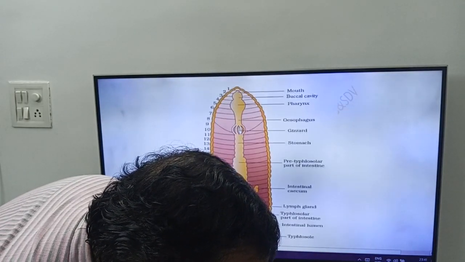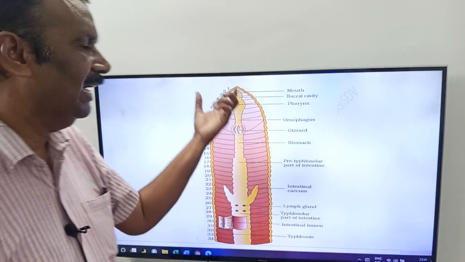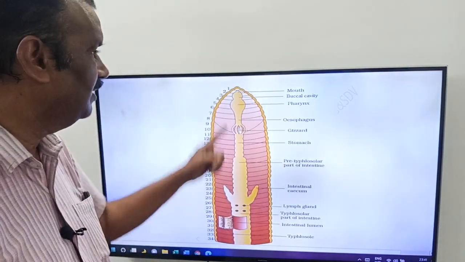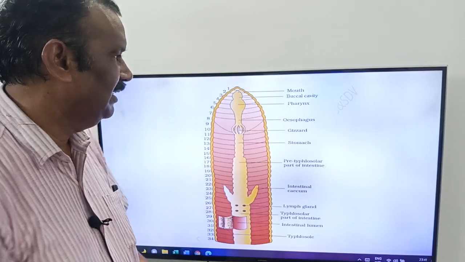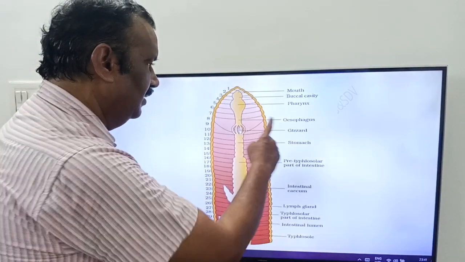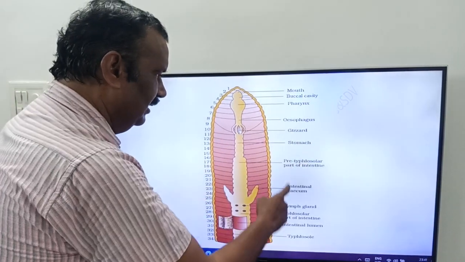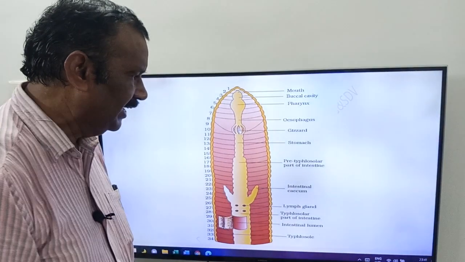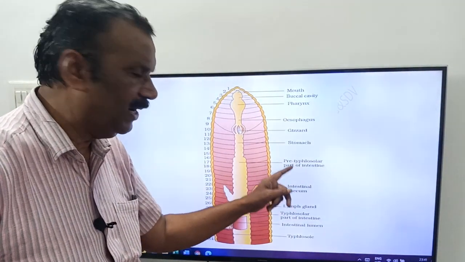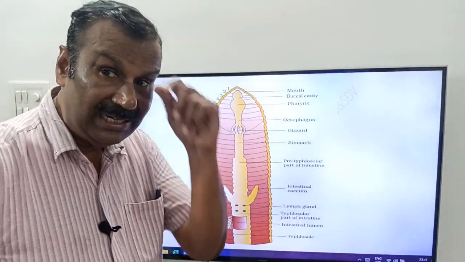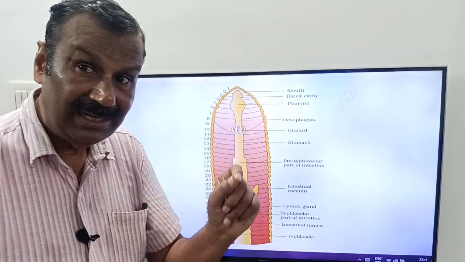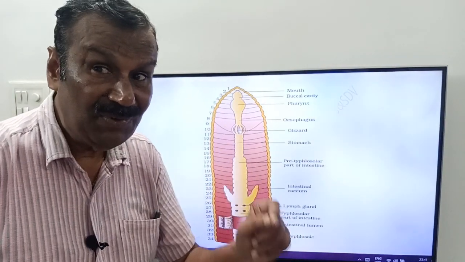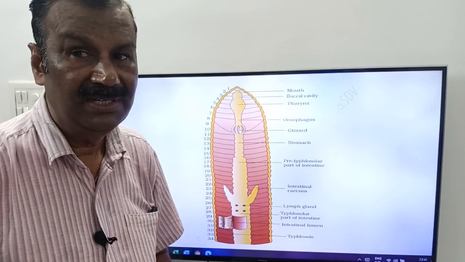Now, see the image, friends. This is the alimentary canal. Here we have the mouth, buccal cavity, pharynx, esophagus, gizzard, stomach. Here there is one part, the pre-typhlosolar part of the intestine. The small intestine has the typhlosole. The typhlosole starts in the 26th segment.